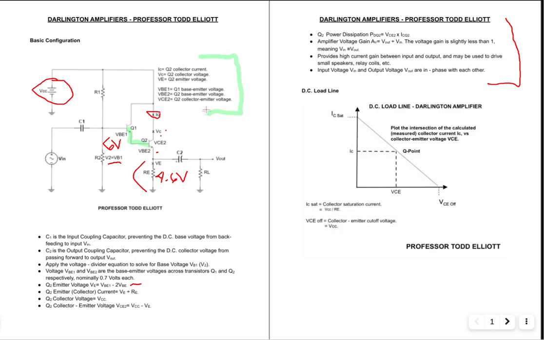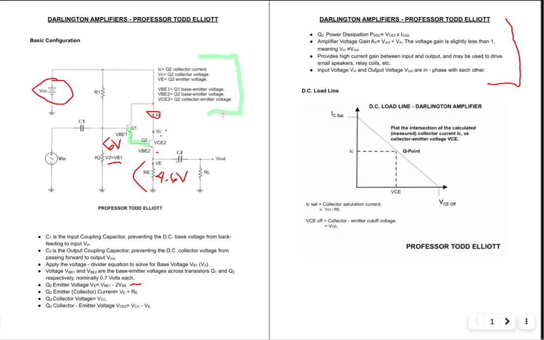The voltage gain is ideally equal to 1, so it's not actually providing voltage gain, it's amplifying the current. Okay. So I've used, not exactly like this, but the Darlington arrangement, which I'll probably do in another video, on a circuit that I built to drive a relay, and I needed to have enough current to drive the coil, but the transistor could not provide that much on its own, so I used two of them. But that's for another day.